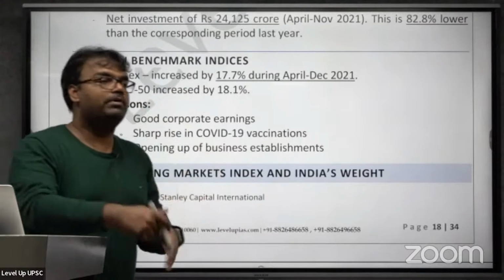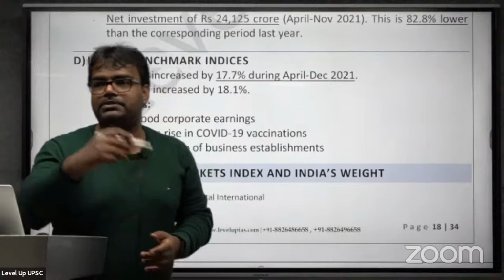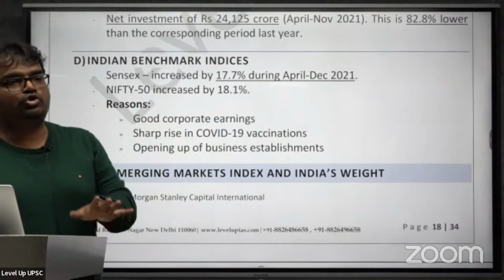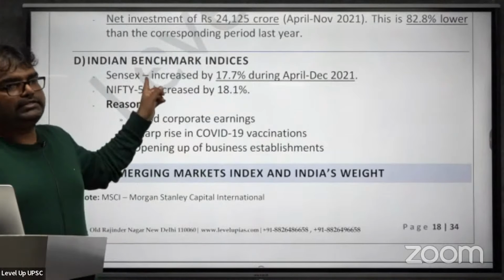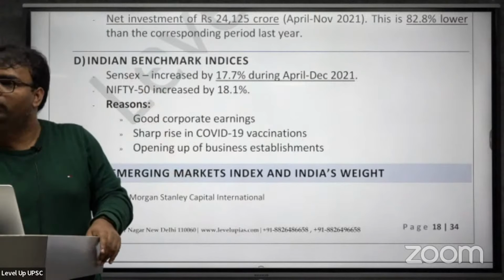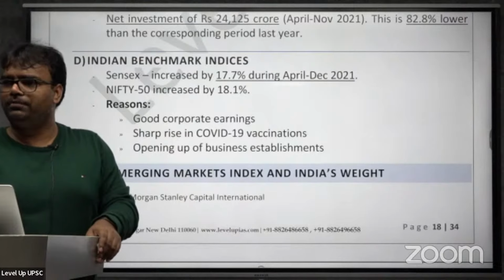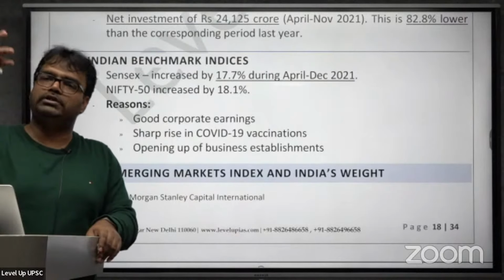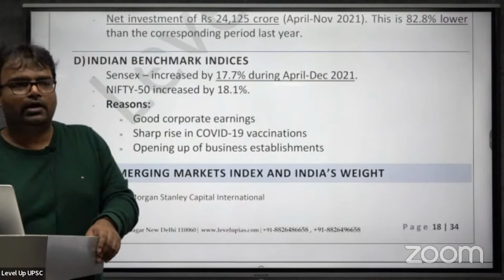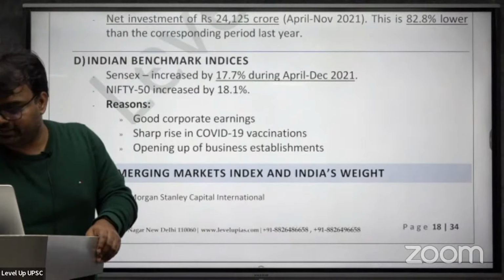But again, if you come from November to February, you will perhaps see a net negative. In October our BSE Sensex as well as Nifty 50 were at their peak. After that, it has come down, gone up, come down, gone up. We have not crossed the October peak yet in the second half.